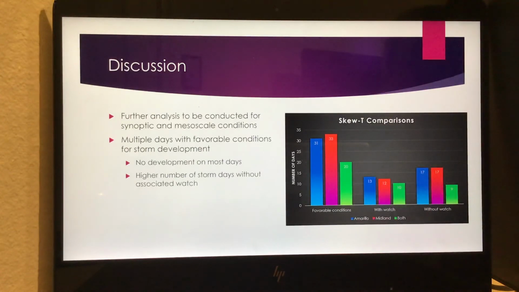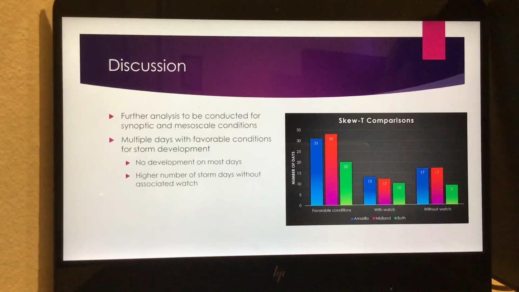And as far as the number of storm days, there was roughly a month or so that had storms produced on this. And then as far as storms with the watch or a convective outlook, I probably should have put convective outlook on there instead of watch. Anyways, there were a lot fewer days where storms were produced with a convective outlook versus days where storms were produced without one for each station.